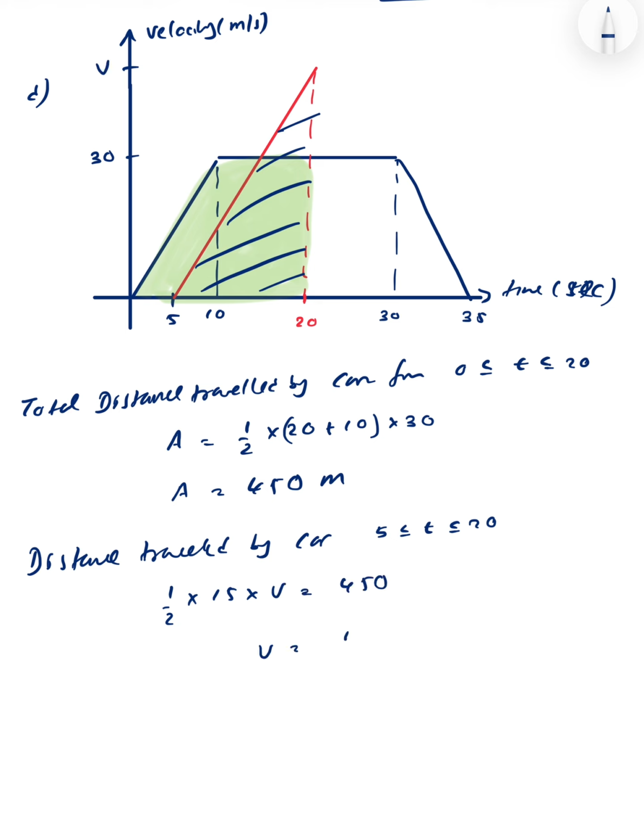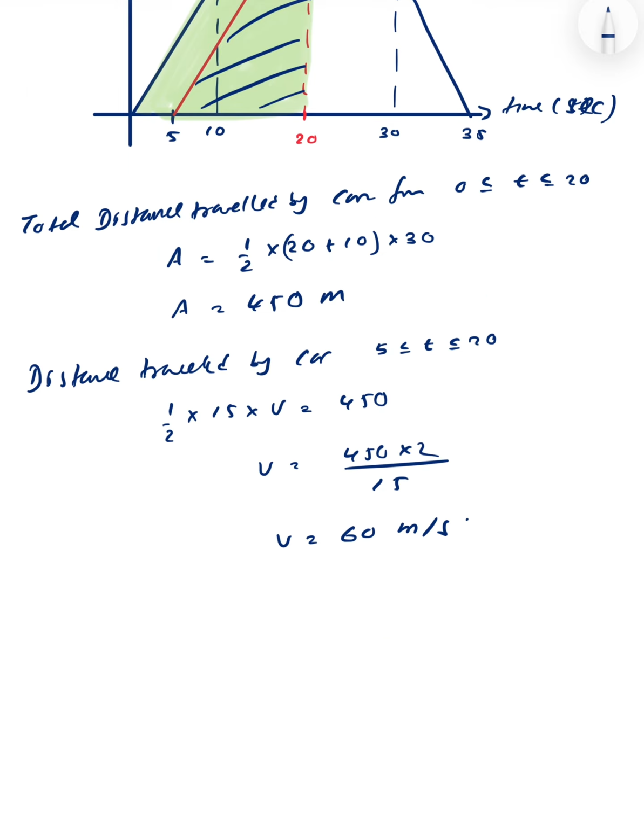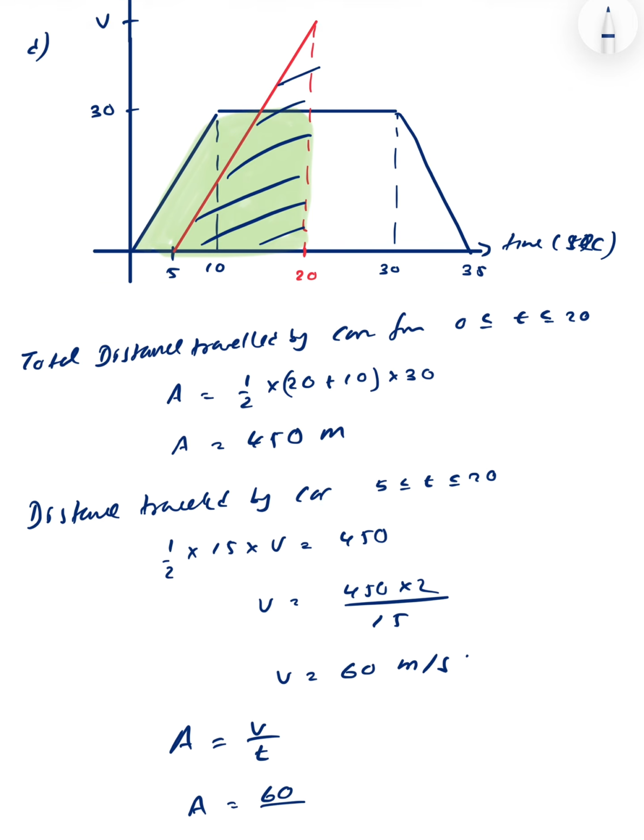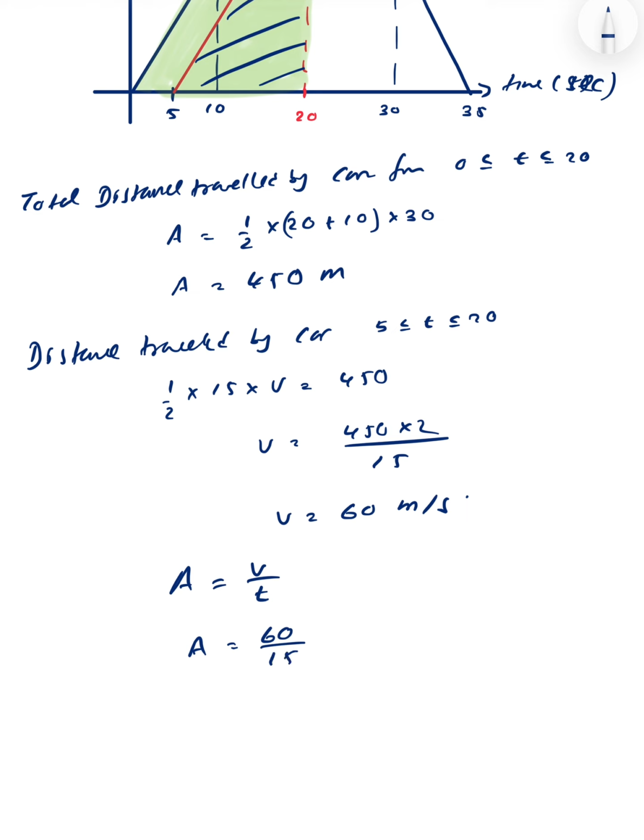So v should be 450 times 2 over 15, and v should be 60 meters per second. Therefore, the acceleration should be v over t. A equals 60 over, it took 15 seconds. So that's 4 meters per second squared. So that's the final answer for the acceleration.